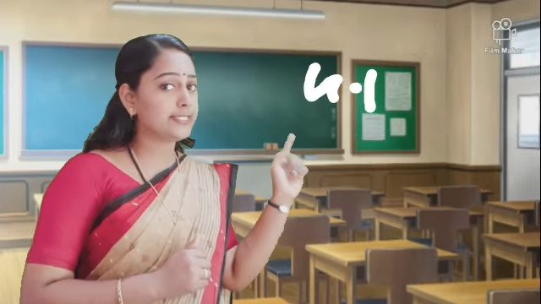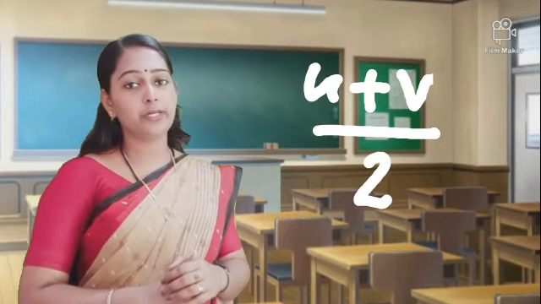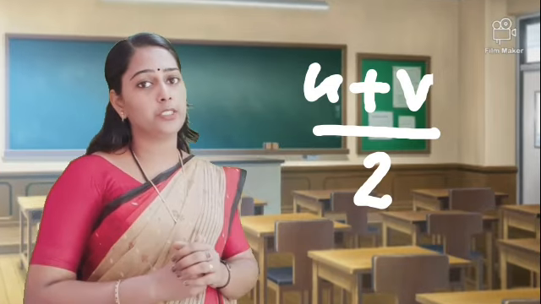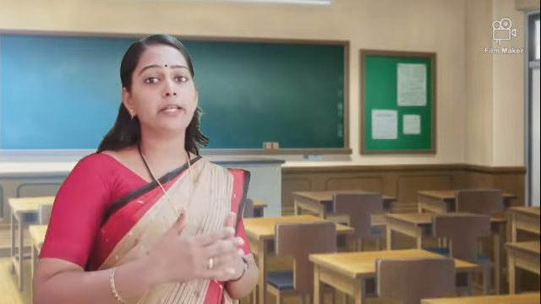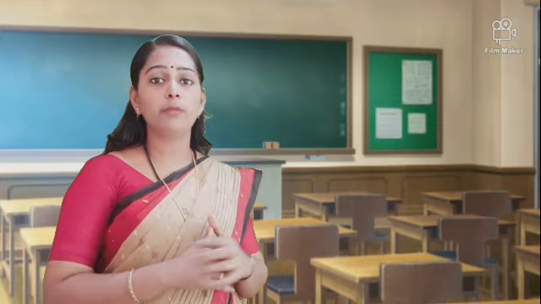Average velocity is equal to (u plus v) divided by 2. These are the equations you have to concentrate on while doing problems on speed and velocity. Then let us go and solve some problems regarding speed and velocity.